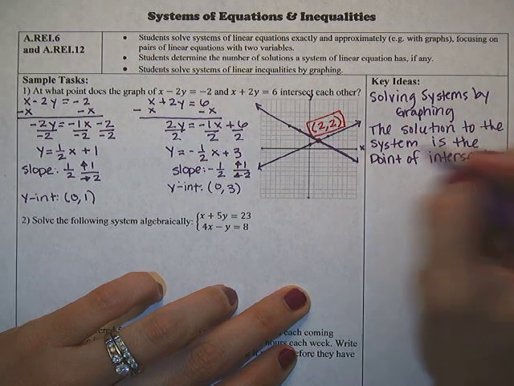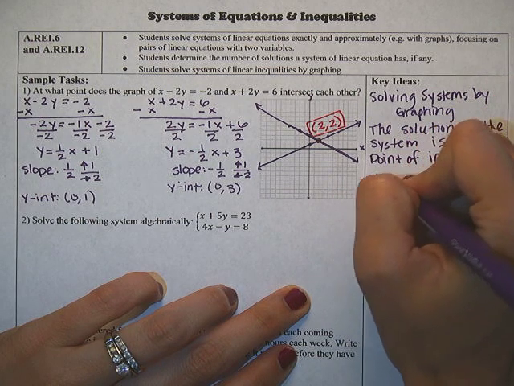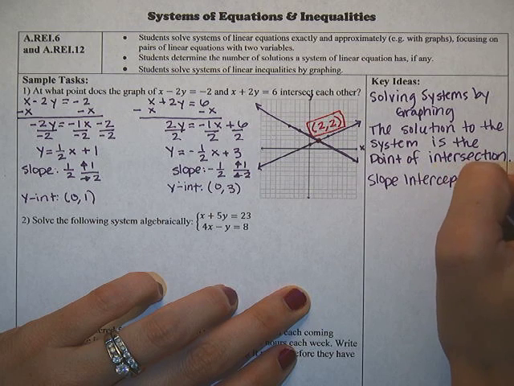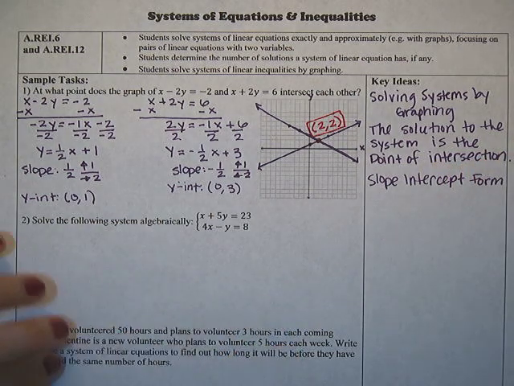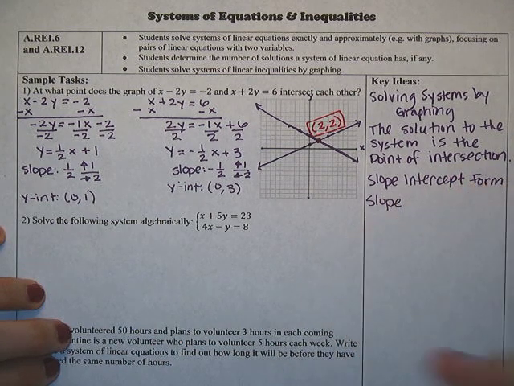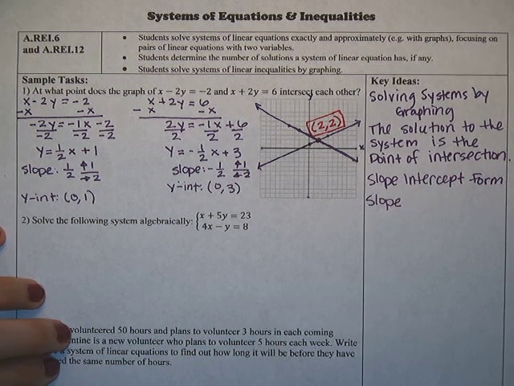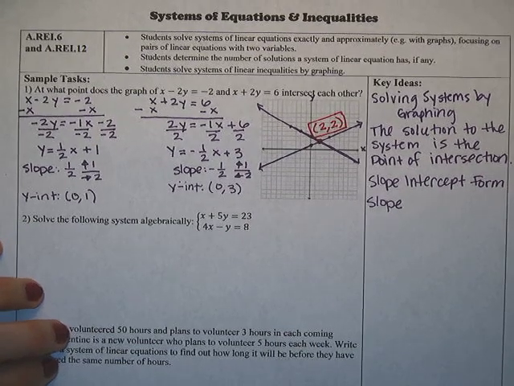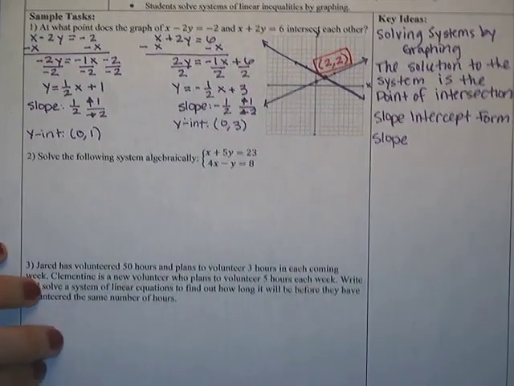Okay, slope-intercept form. And just slope. Okay, so we'll continue to just list our key ideas as we get through here so you know what it is you're going to be doing this unit.